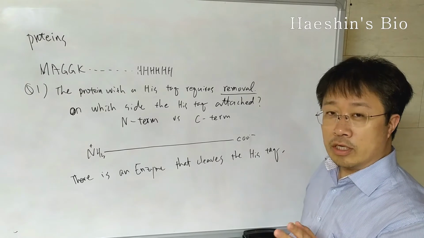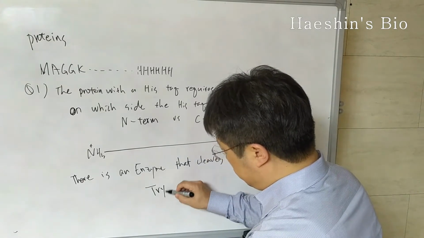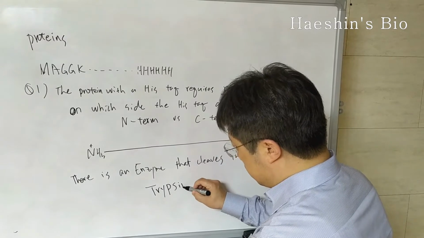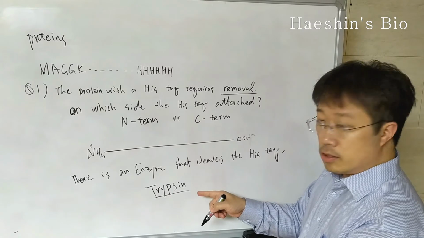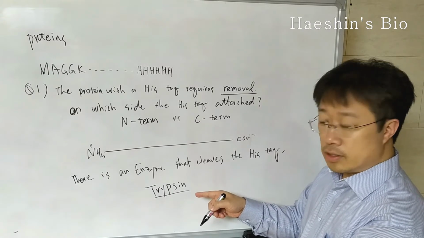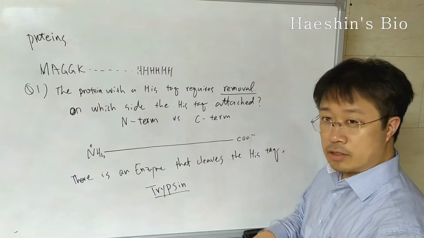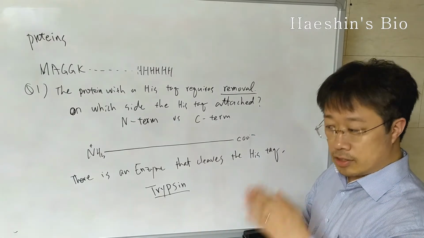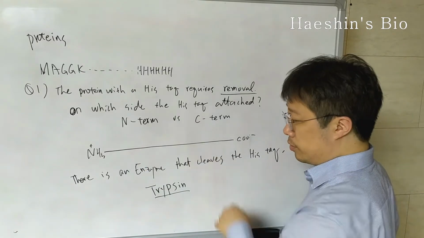If I give you one example, like trypsin, the most famous protease we learn in biochemistry class. This is a serine protease. You have chapters explaining the mechanism of how the protease cleaves the amide backbone of the protein.